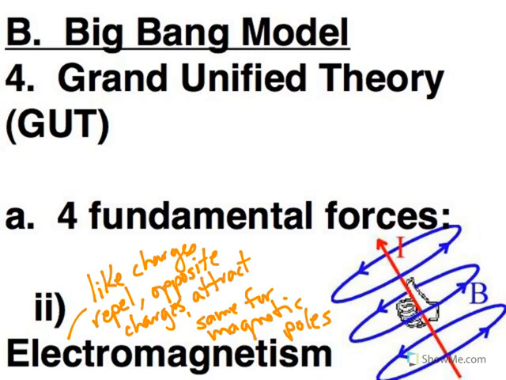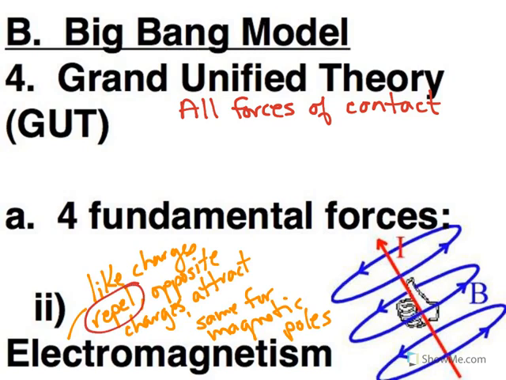This is the one that is responsible for all the forces you feel when you touch something. So all forces of contact ultimately come down to essentially how the electrons interact. So when you touch something, you actually aren't touching it. The electrons in the atoms in your hand are reacting to the repulsion of the electrons in whatever it is you're touching.